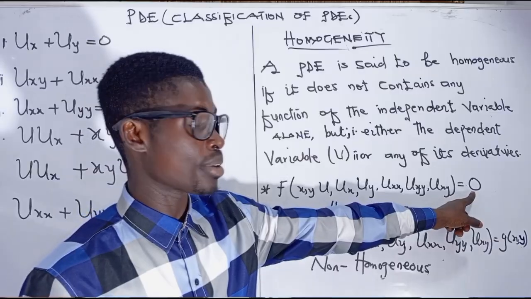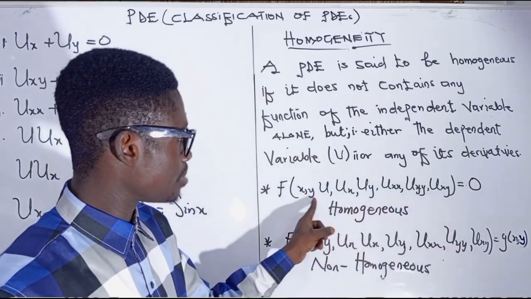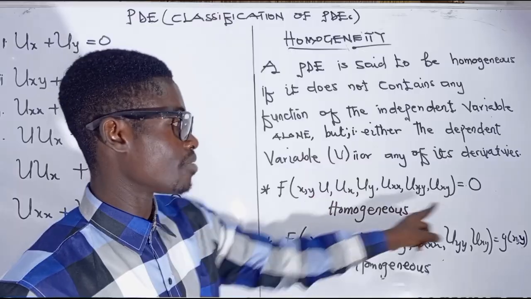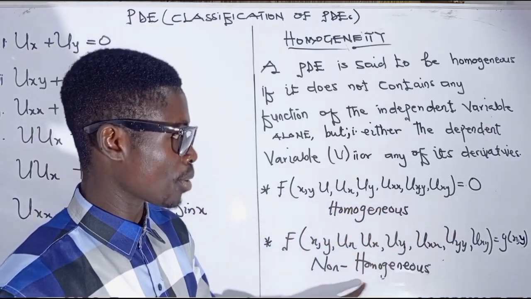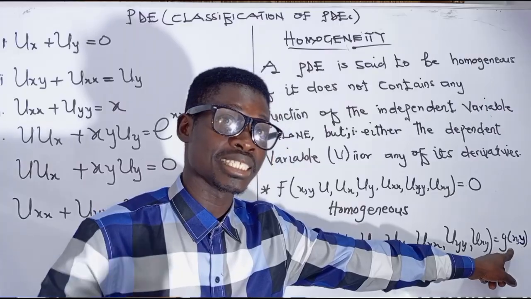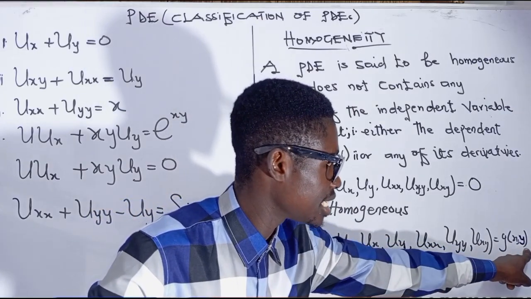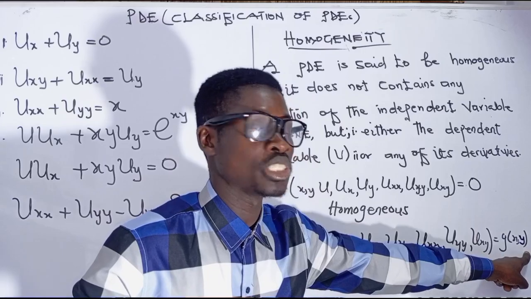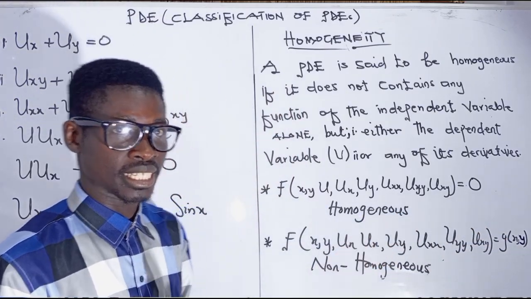You can see that with this one, we don't have any function in terms of the independent variables x and y, and therefore this PDE is homogeneous. But with this one, we have a function in terms of x and y. So if this g of x, y is equal to 0, then we have a homogeneous PDE. Very, very easy and simple.